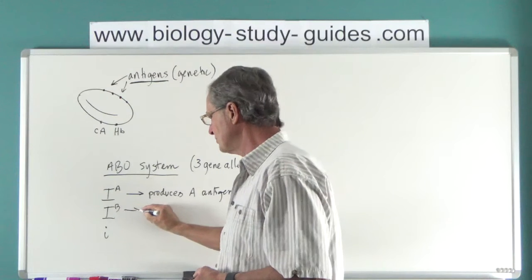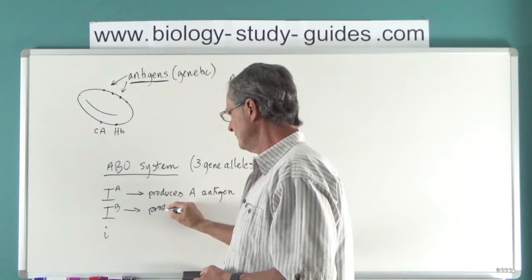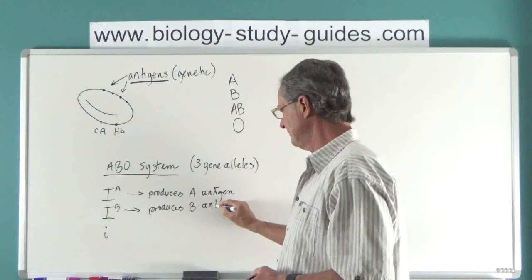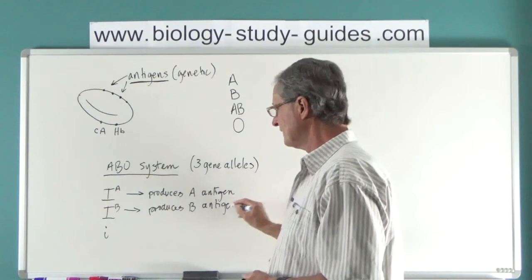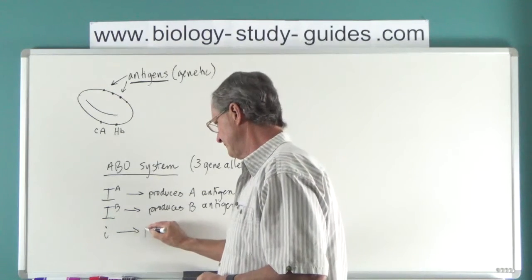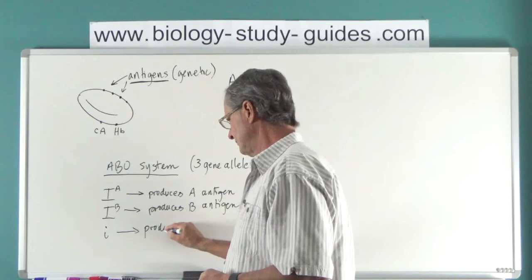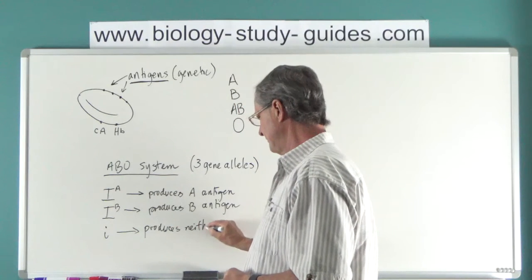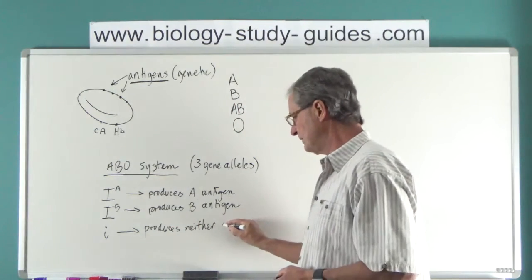This gene allele produces the B antigen. This gene allele produces neither the A or the B.